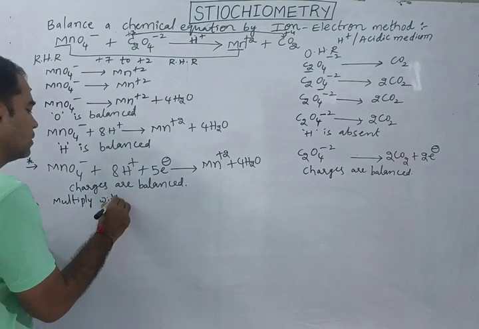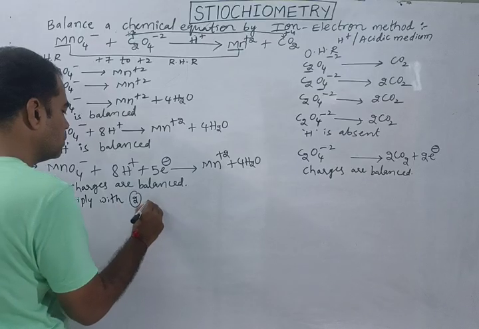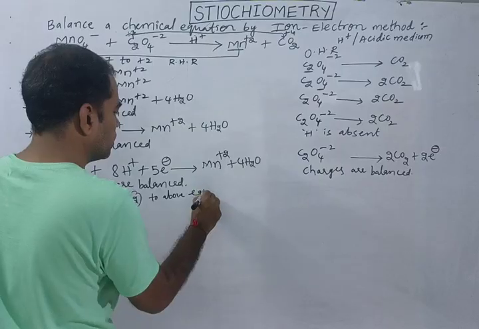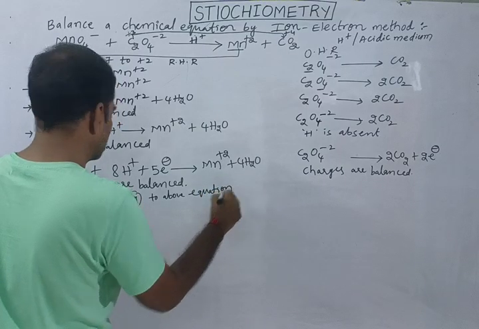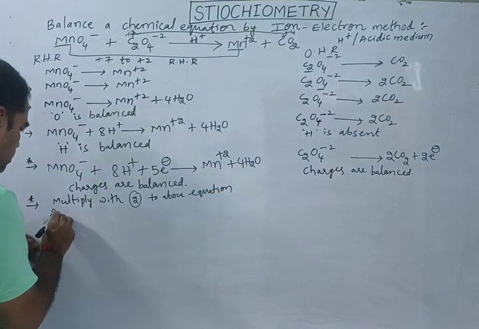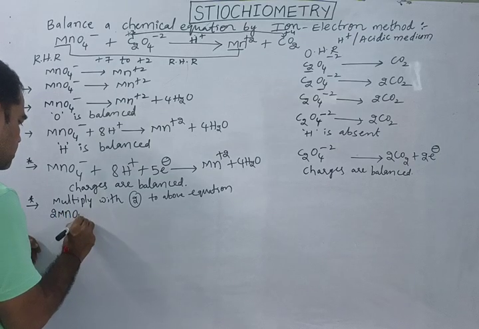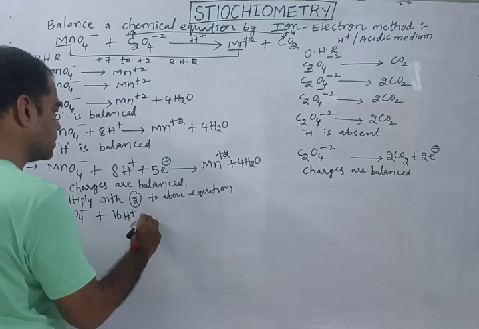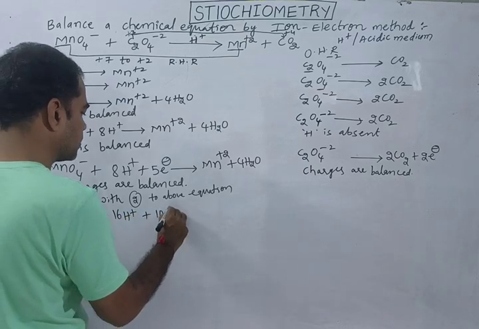Multiply with 2 to the above equation. Simply write directly 2 MnO4 minus plus 16H plus plus 10 electrons.